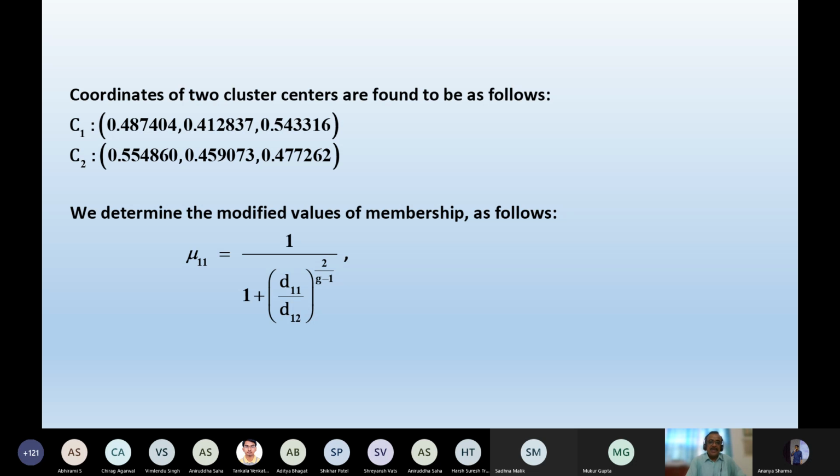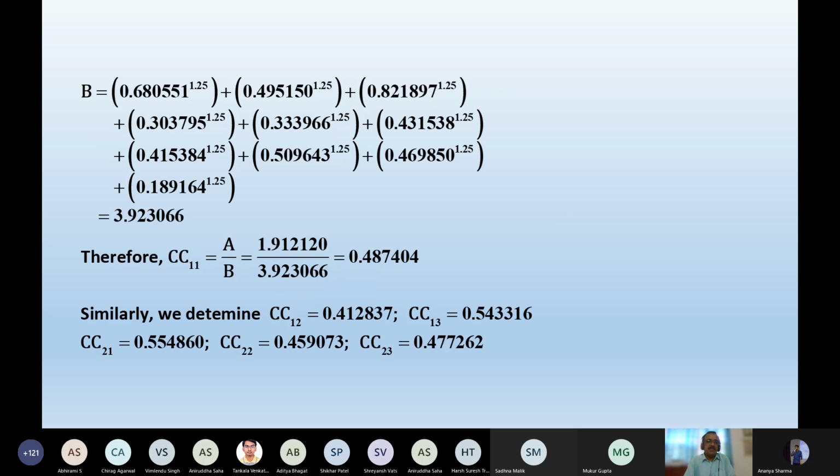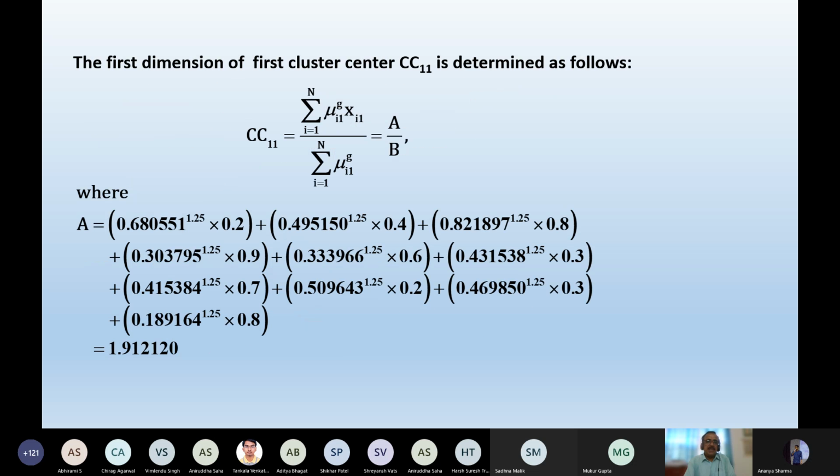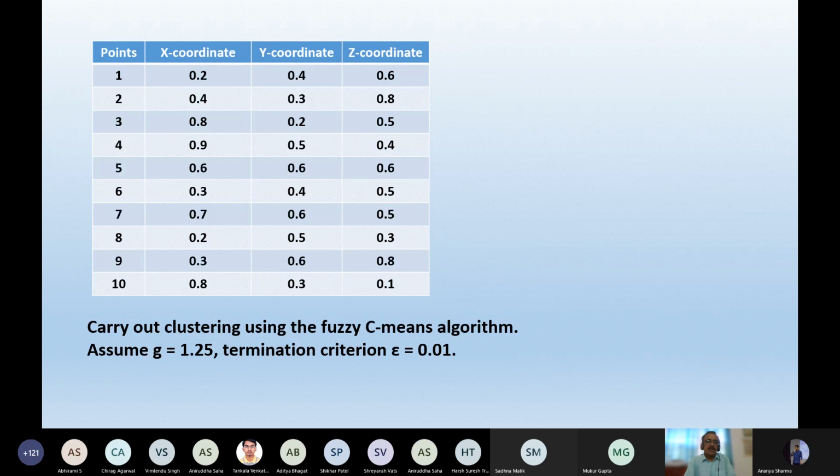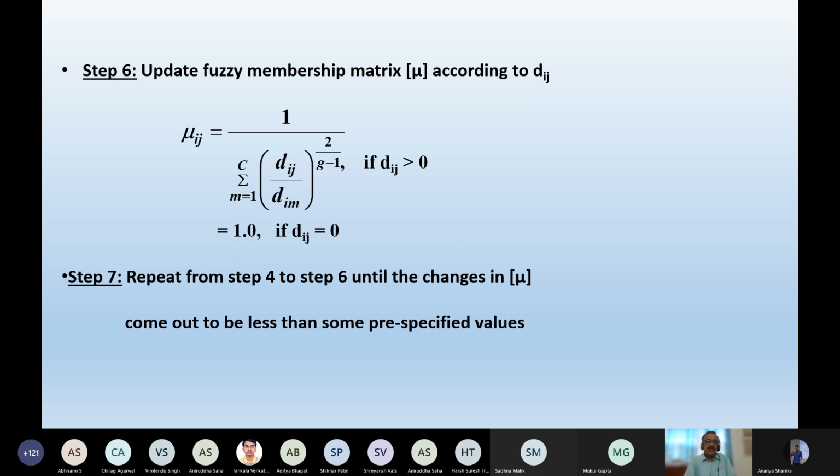That is, mu11 is nothing but 1 divided by 1 plus d11 divided by d12 raised to the power 2 divided by g minus 1. Now I'm using this particular equation, let me show you. So this is the equation, this is how to update the membership function value. Mu ij, here i equals 1, j equals 1, so it is 1,1.